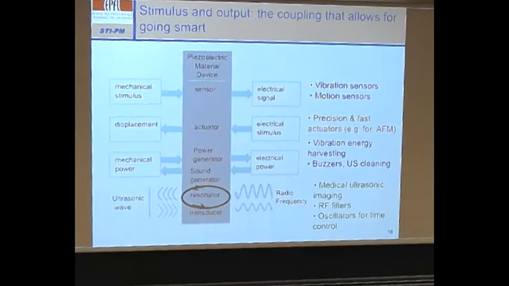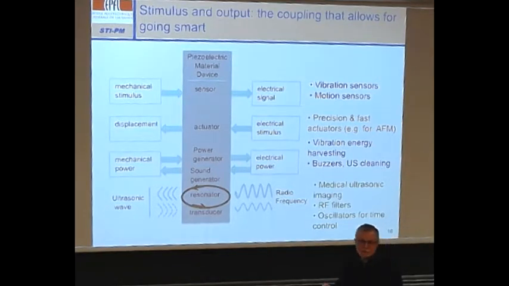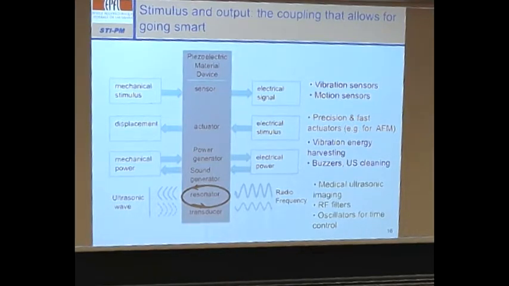Oscillators for time control: you know the quartz. Everybody knows quartz, an unbeatable oscillator for many purposes. People try to beat it with MEMS. Heavily doped silicon structures seem to have approximately as low time or frequency drifts as quartz, but quartz is unbeatable with respect to very low price and very high stability.